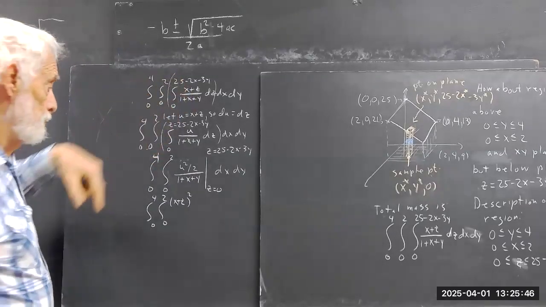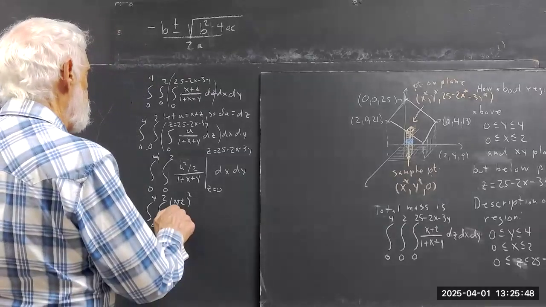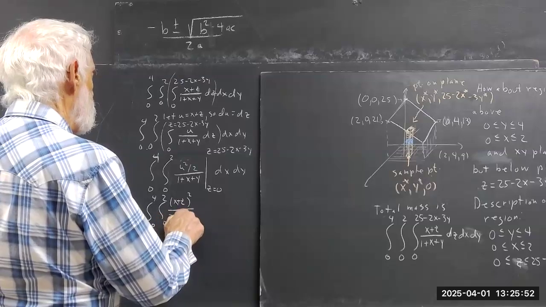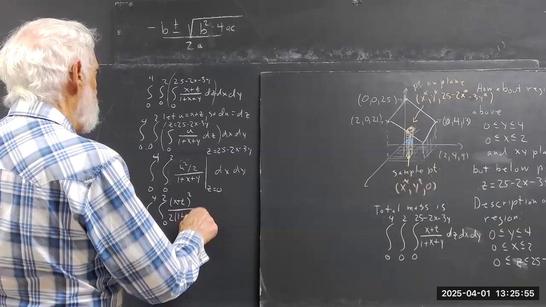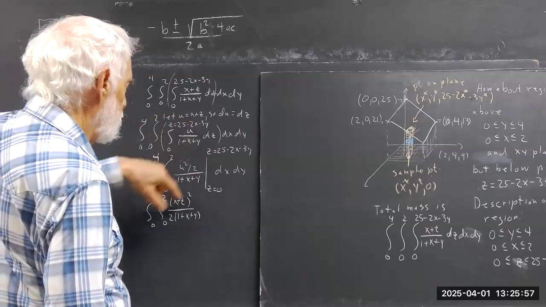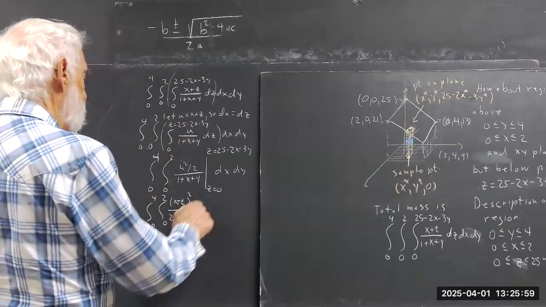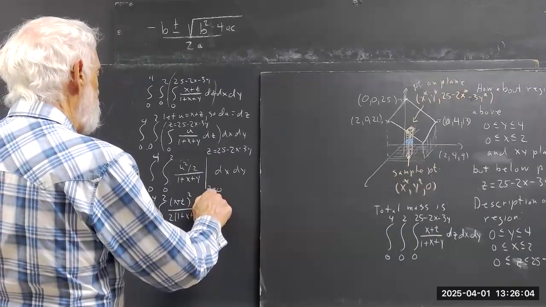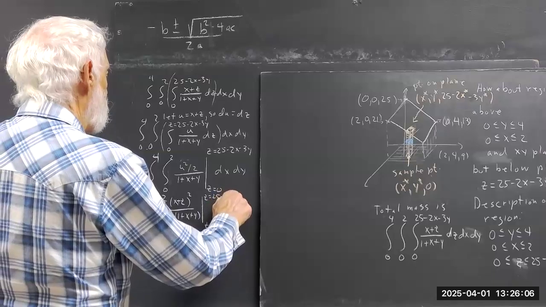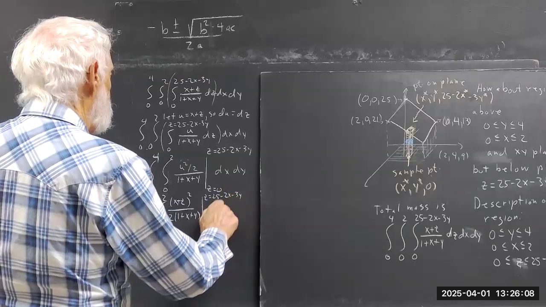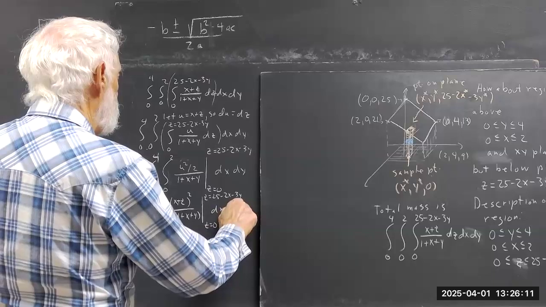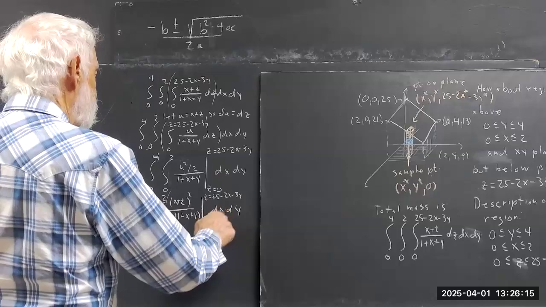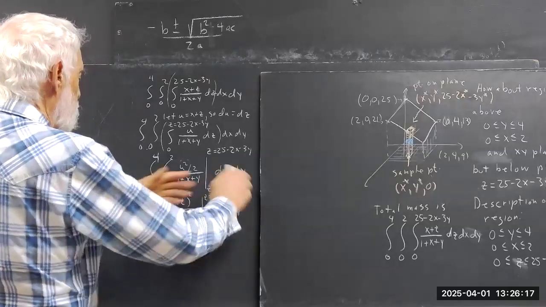Okay. Now my denominator 2 here is going to go down here. Okay, so I want to try to put parentheses here.